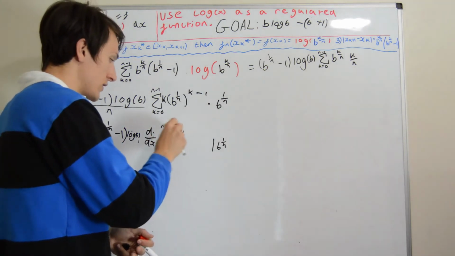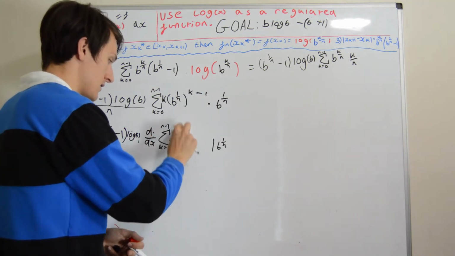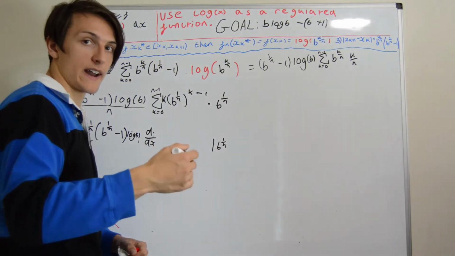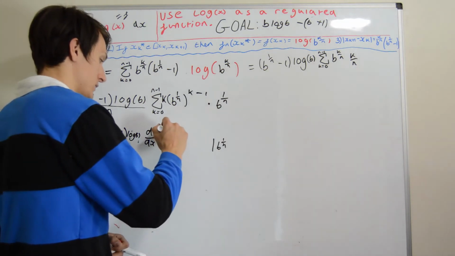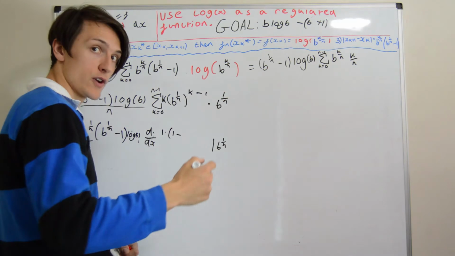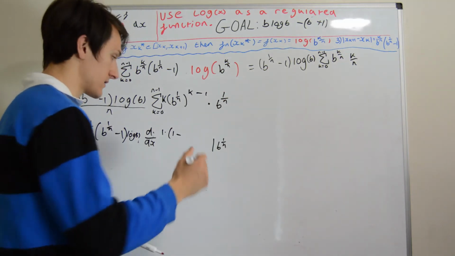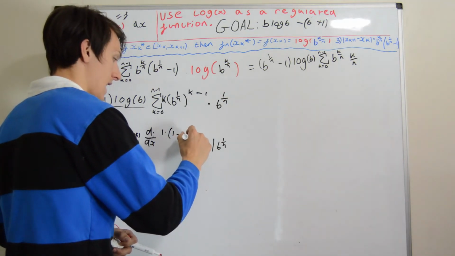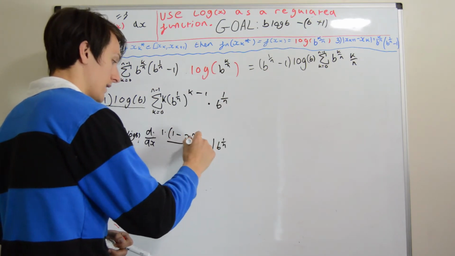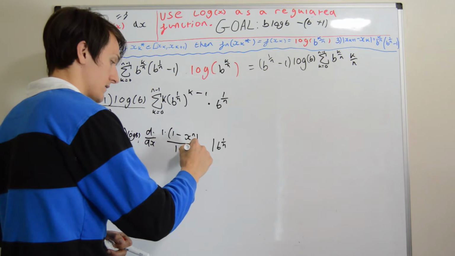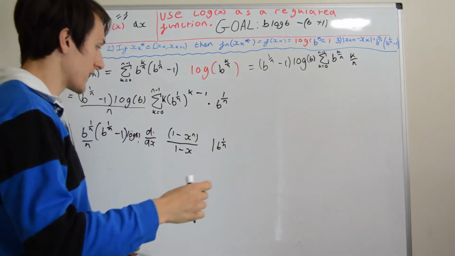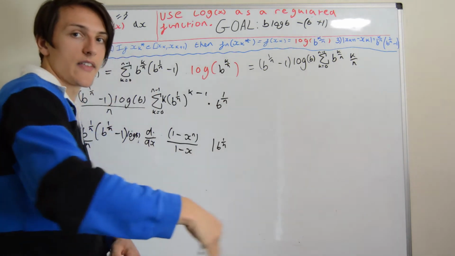So I'm going to rewrite all this as the finite geometric series sum. We have a, which is 1, times 1 minus r to the power of n, where the common ratio was x, divided by 1 minus r, which is x. And then obviously I can just rub out this 1, because that's not going to affect the thing. And this, again, is evaluated at the nth root of b.